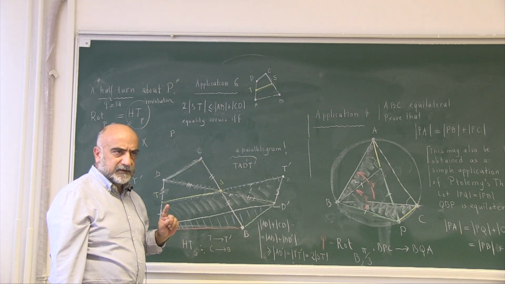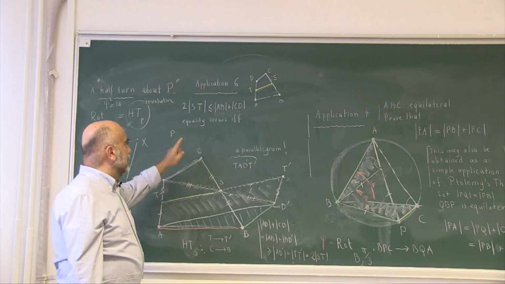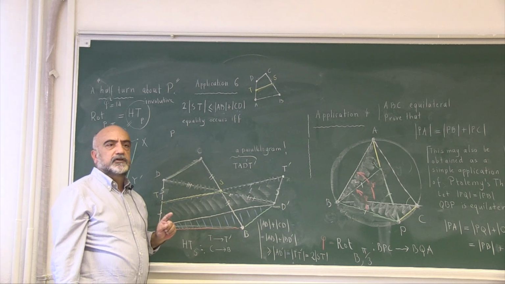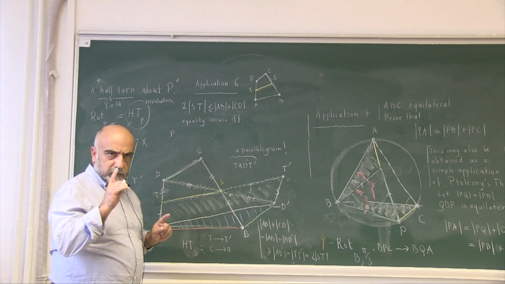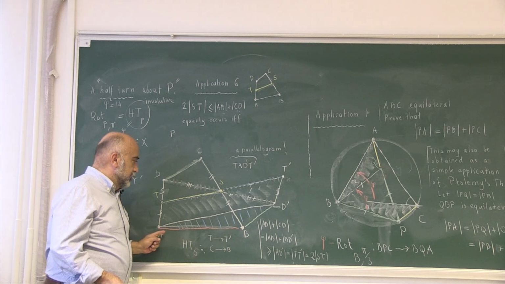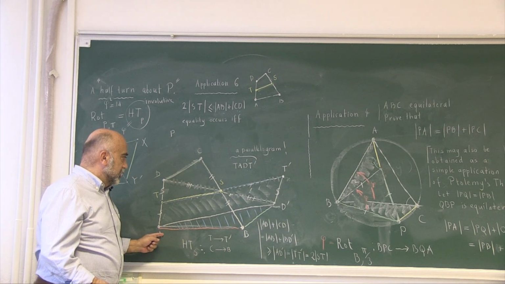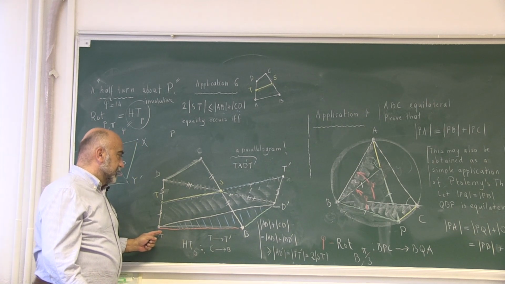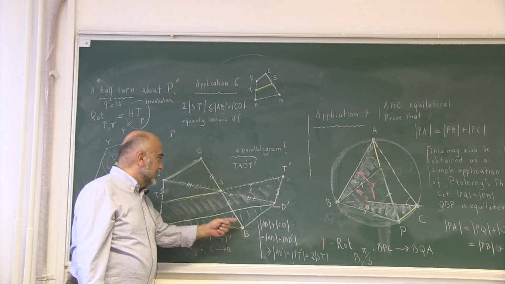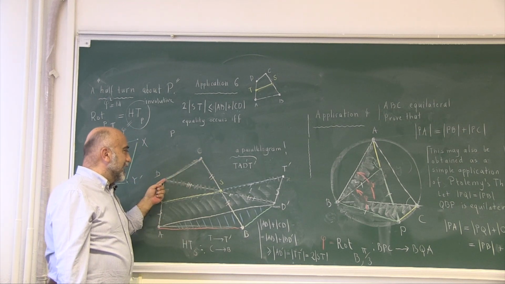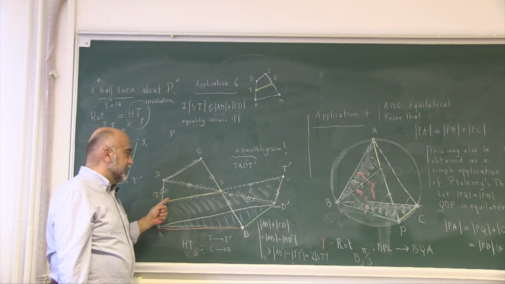Now let's go back and ask the question: when does equality occur? The equality, that's to say, the length of AB and the length of CD added together will give you exactly twice ST.